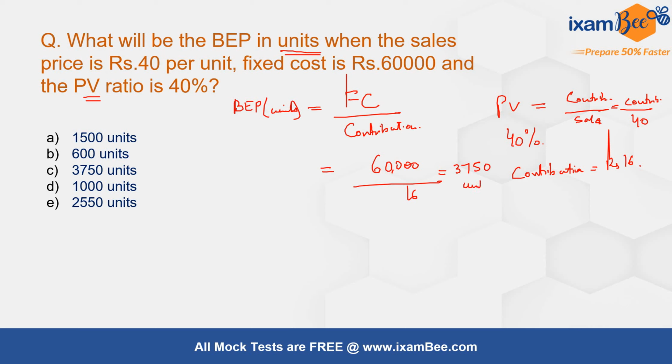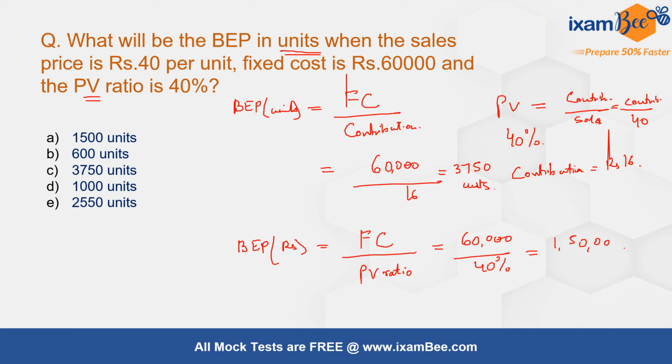3750 units. Now alternatively, you could have first found the BEP in rupee terms, because we have just understood that it is fixed cost divided by my PV ratio. So this will be 60,000 divided by 40%, which will give me 1,50,000.